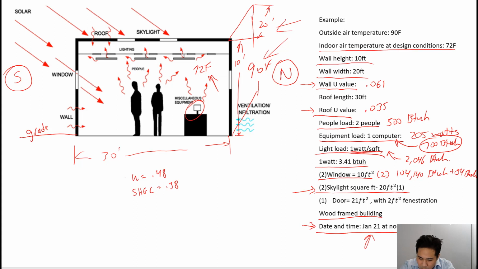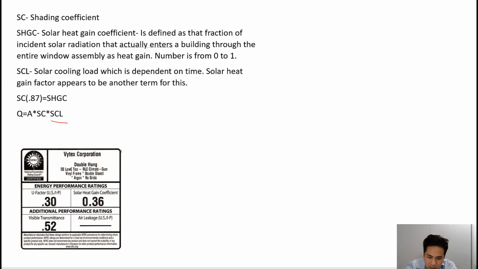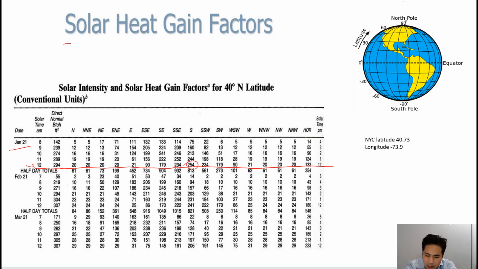Okay. Now the skylights, since we have each one at 20 square feet, the formula was Q is equal to A times shading coefficient times solar cooling load. And if you hear solar cooling load, another name is solar heat gain factor, which is in this table. And for the dates and time we are considering for this example, we have to look at this value here, horizontal, and that value is 133.